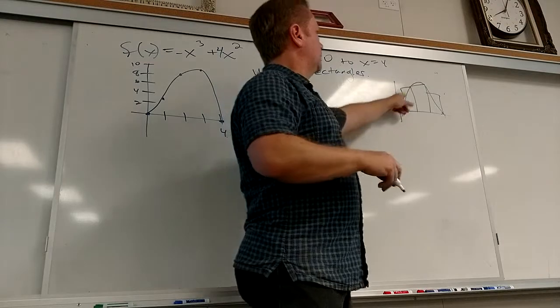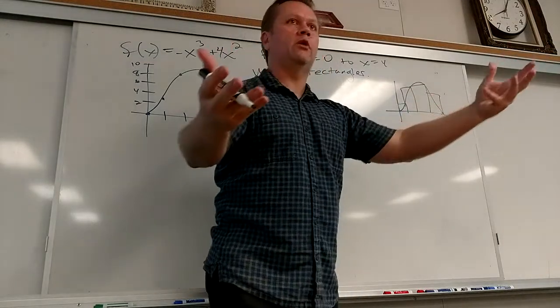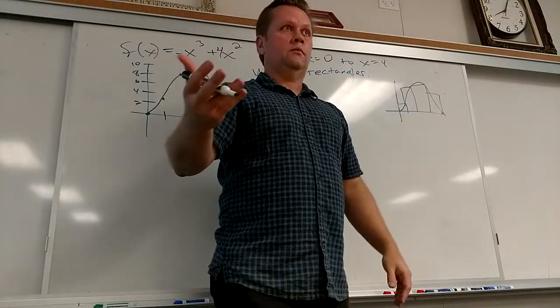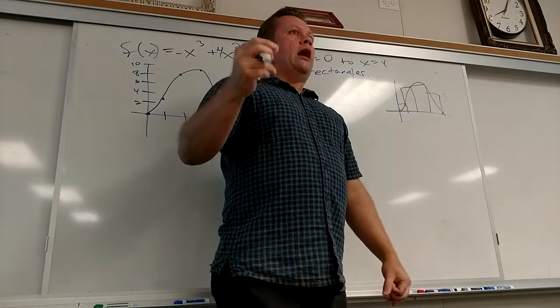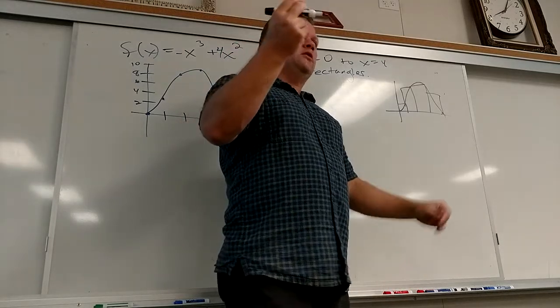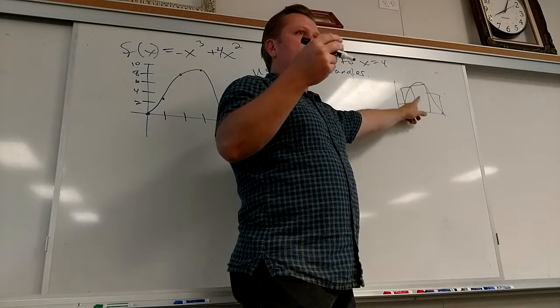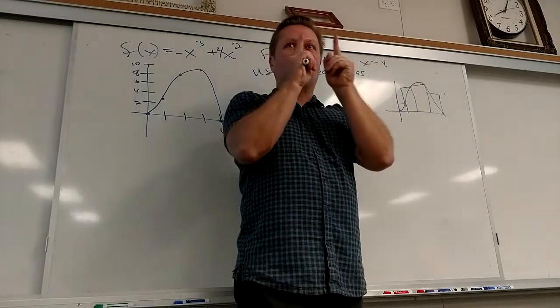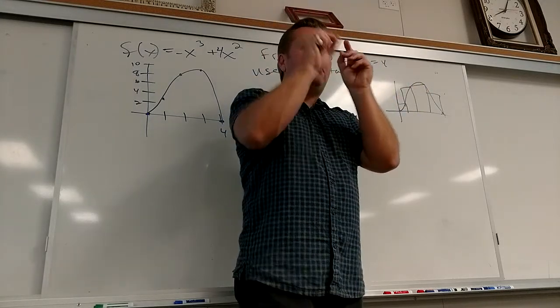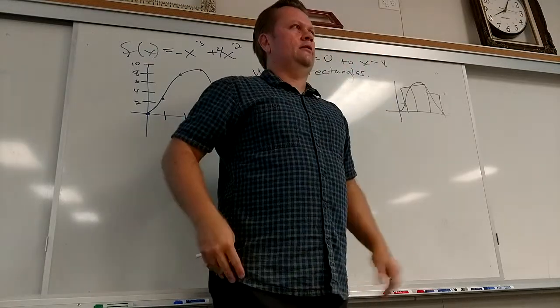In this case, I can tell it's probably going to be a little bit more than what I want. How would I improve that approximation? Use more rectangles. The more rectangles I use, the better they fill that space in.